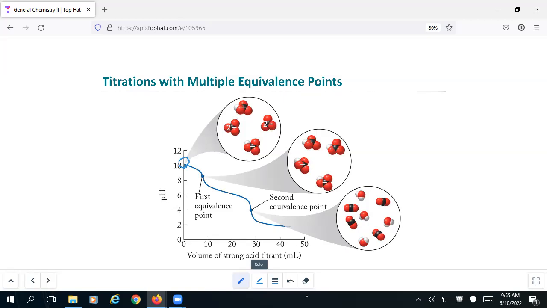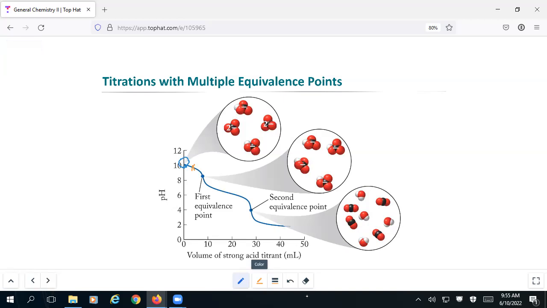Now, one thing to note about these, a really common misconception, is that you can use these graphs to figure out multiple Kas or Kbs. Now, the first one we kind of talked about, halfway between initial and equivalence, that would be your first half equivalence point.